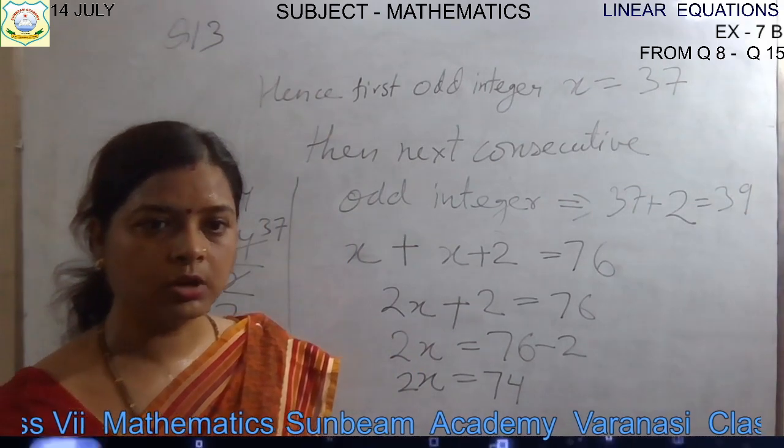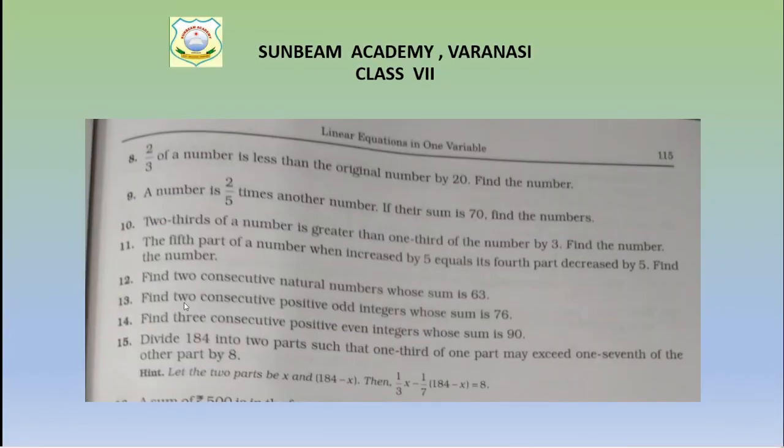You will get 76. Okay. Now let's see the next question, that is question number 15. Quickly write down in your notebook. It says that divide 184 into two parts. We are having one number 184 and we have to divide it into two parts. Just break it. 184.